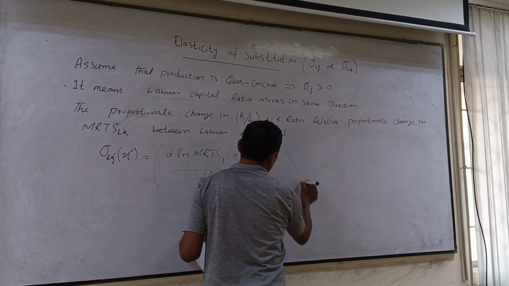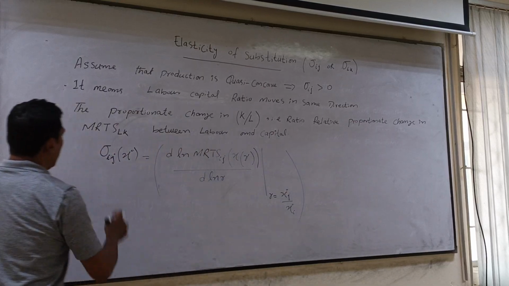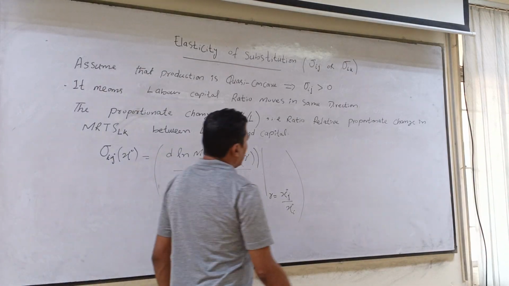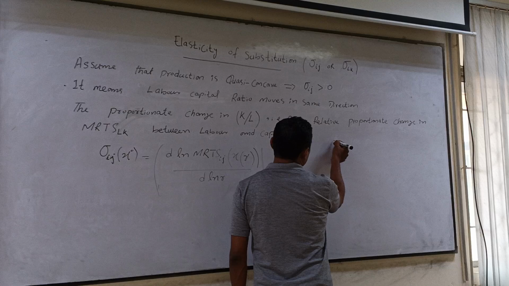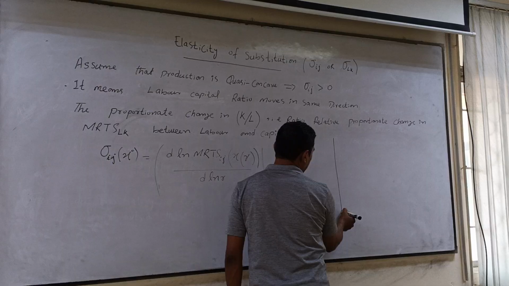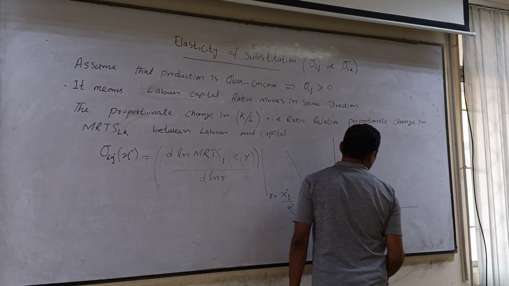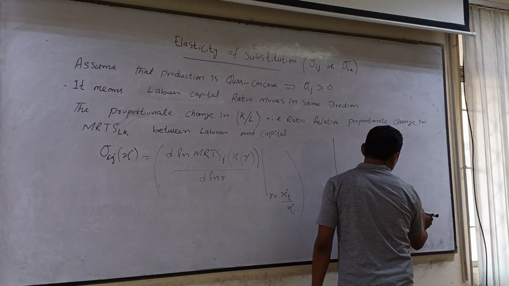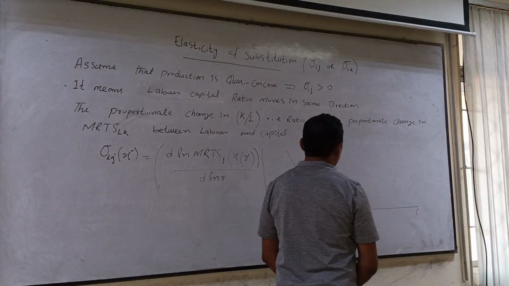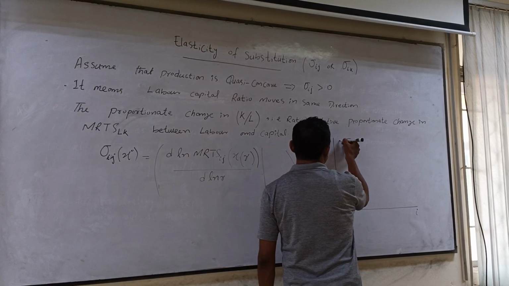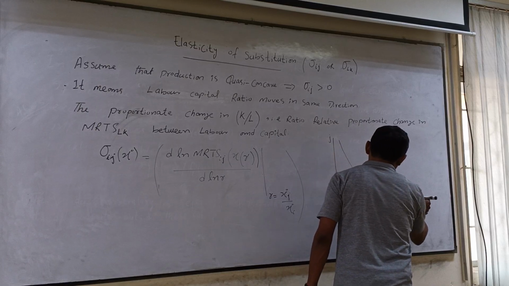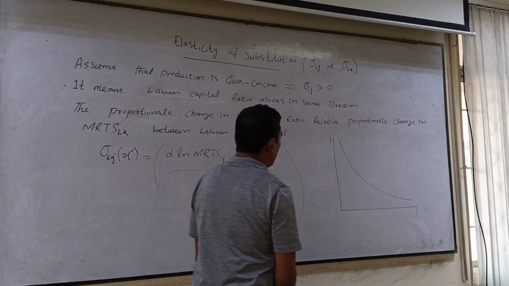I am telling you, x naught. Like how you will calculate the elasticity of substitution. For example, it is input i, this one is input j. This is x, isoquant.